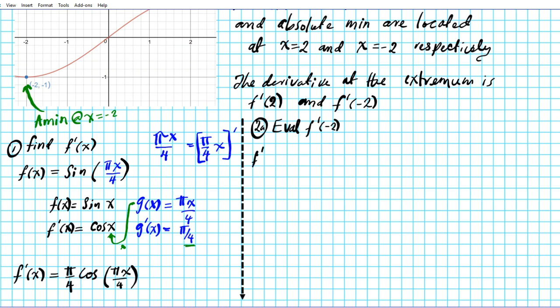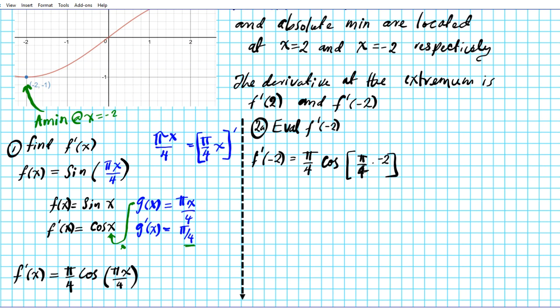So f prime of negative 2 is going to be pi over 4 cosine pi over 4 times negative 2.